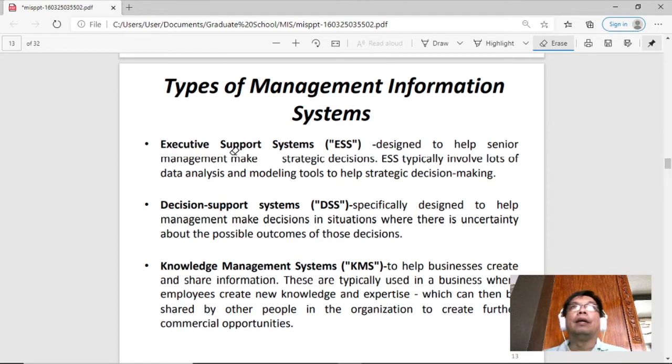That's why, again, there are buzzwords of today's information technology: data analytics, machine learning, artificial intelligence. These are all based on data that were derived in a management information system.